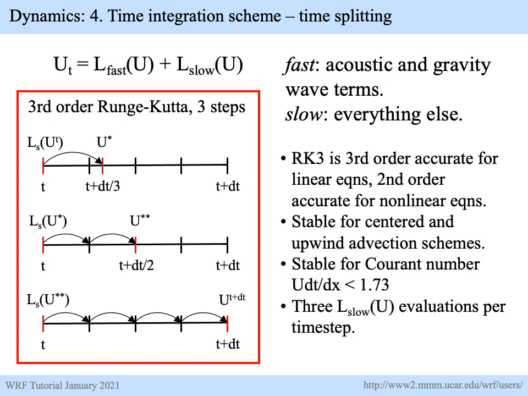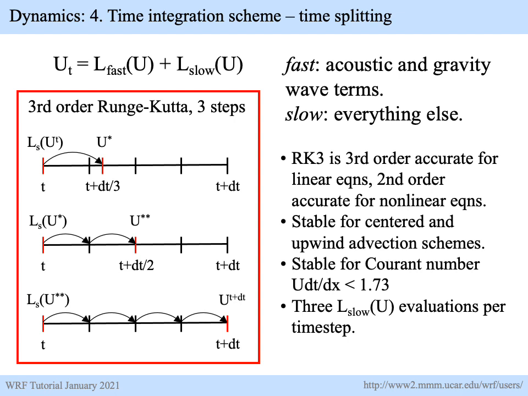For the first Runge-Kutta sub-step, that step to delta t over 3, we just do 1 acoustic time step, no matter whether it's stable for that 1 step or not. It turns out it doesn't matter. For the subsequent steps, though, the second and third Runge-Kutta steps, we take some number of acoustic steps in each of those time steps.